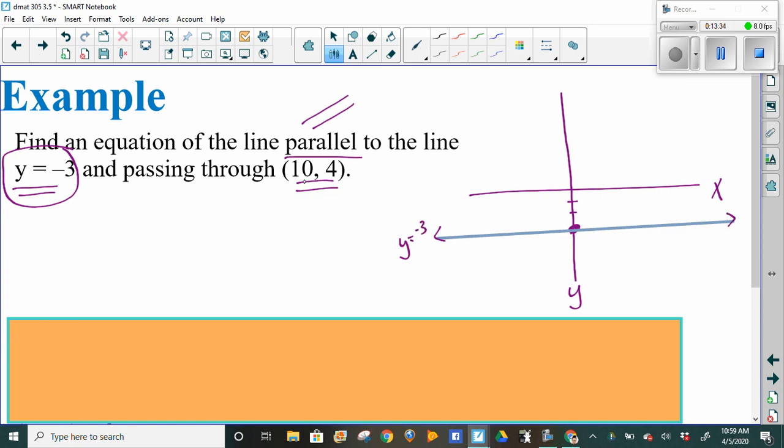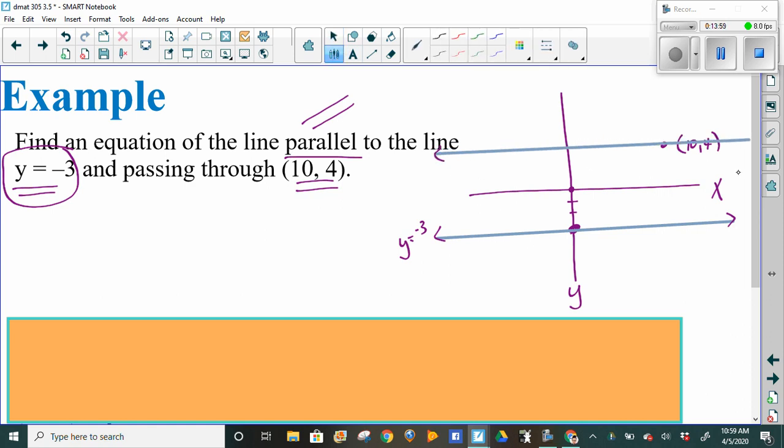Now they want it to go through 10, 4. So go back to your origin, go over 10, and go up 4. So this point would be 10, 4. Now, if it's parallel, it has to be horizontal because that one's horizontal. If it was vertical, then they would both be vertical. So we have that equation.